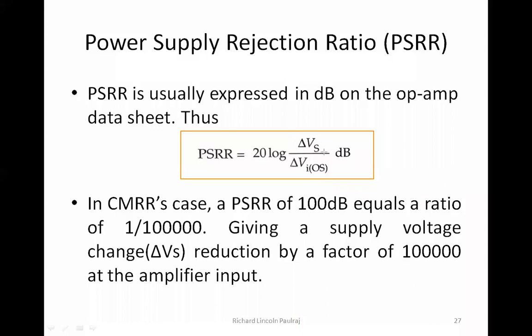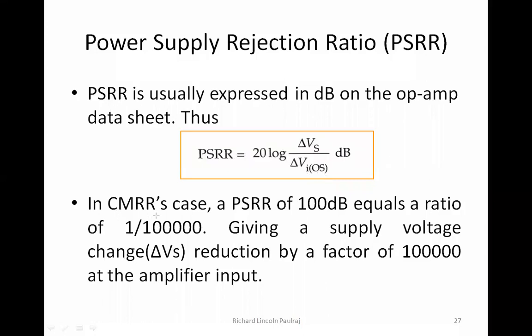Vs refers to supply voltage, Vi is input voltage, and OS is offset. When it is IOS, it becomes input offset voltage. When it is OS, it becomes output offset voltage. Right?